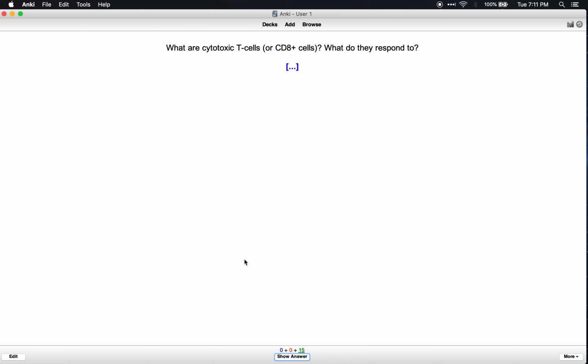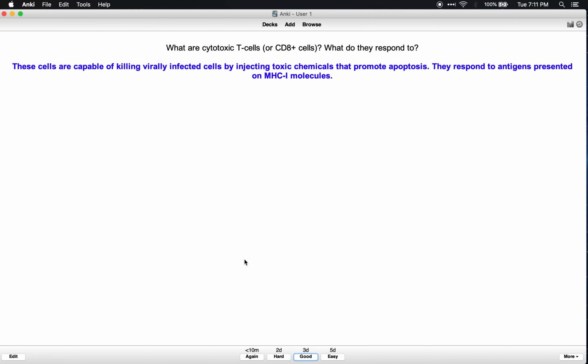Cytotoxic T cells directly kill infected cells by injecting toxin into the cell, and they respond to MHC class 2 molecules, so exogenous pathogens. Damn it, MHC 1.